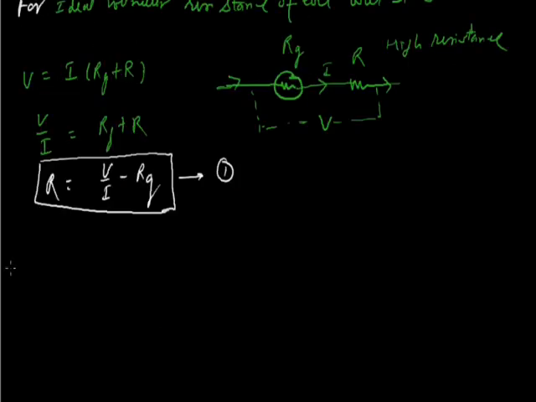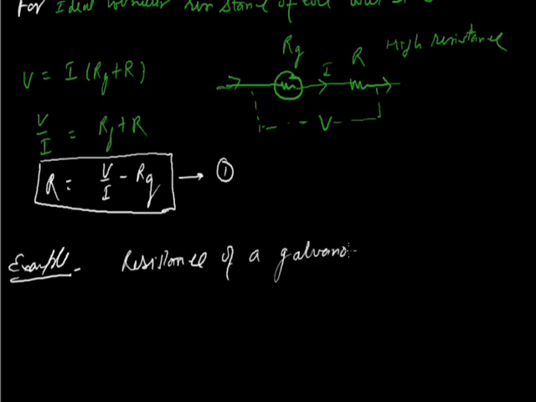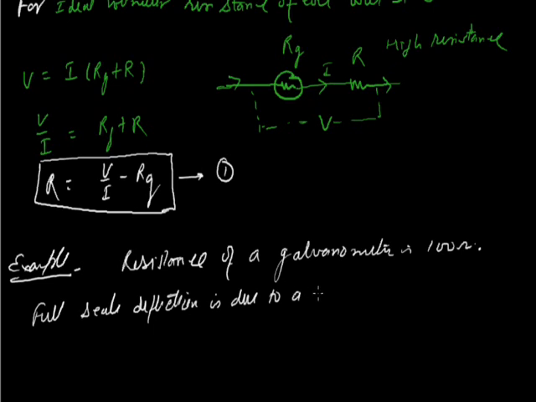Now one example based on this conversion of a galvanometer into a voltmeter. The resistance of a galvanometer coil is 100 ohm. Full scale deflection is due to a current of 10 raised to the power minus 3 ampere.